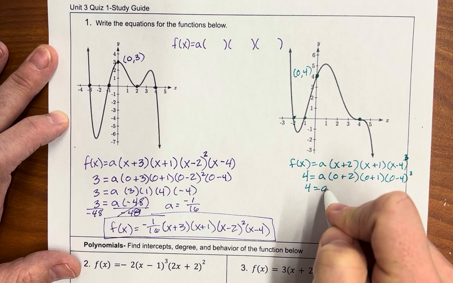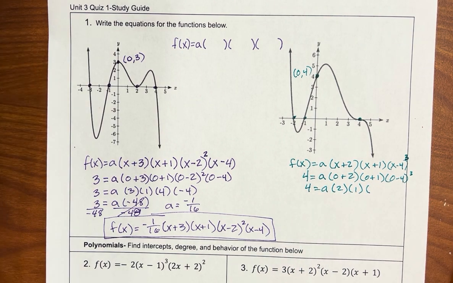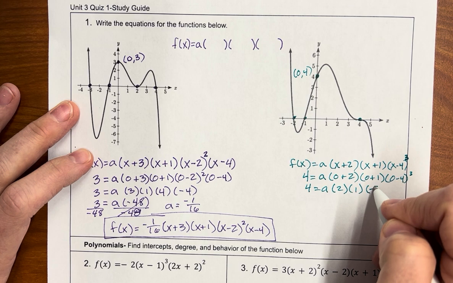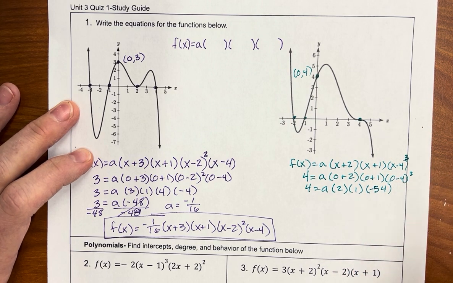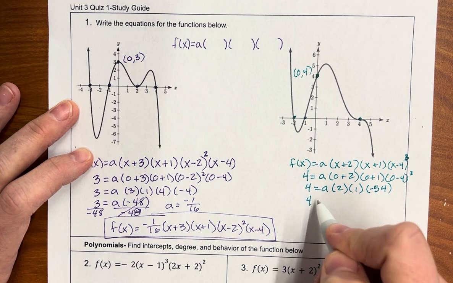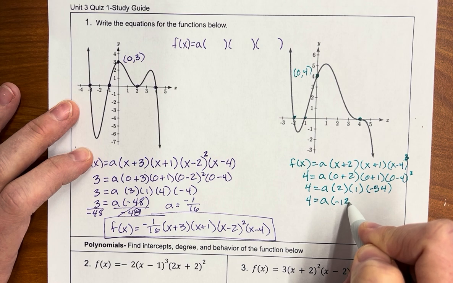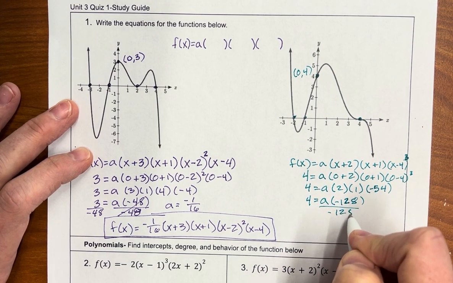So 4 equals a times 2 times 1 times -4 cubed, and 4 to the third power is, 4 times 4 is 16. 16 times 4, I believe, is 64. And it's going to be a negative 64 because negative 4 times negative 4 times negative 4 gives me negative 64. So I have 4 equals a times negative 128. There it is. Divide by negative 128.